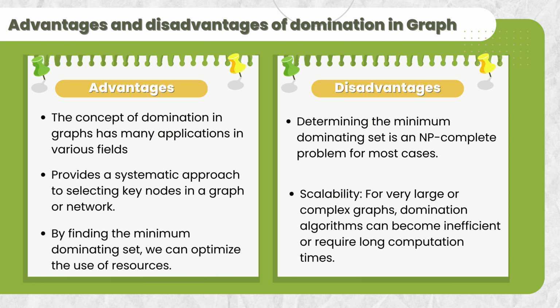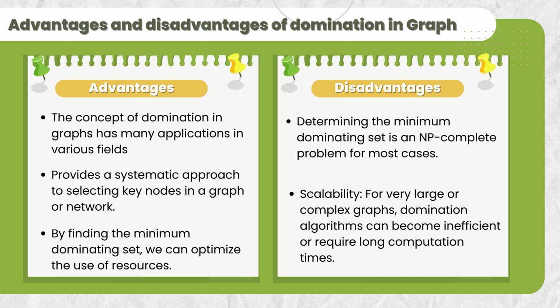Meanwhile, the disadvantages: one, determining the minimum dominating set is an NP-complete problem in most cases. Two, scalability: for very large or complex graphs, domination algorithms can become infeasible or require long computation times.